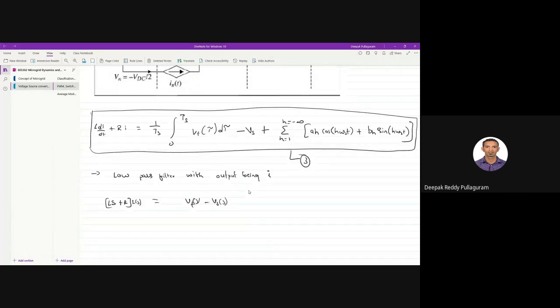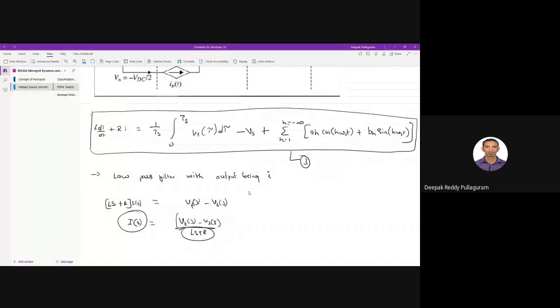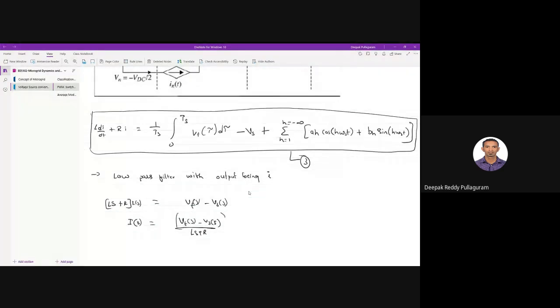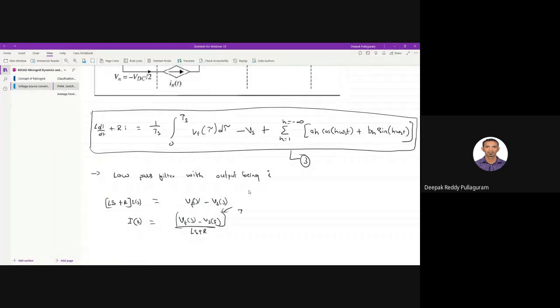If I take I of s, I get Vt of s minus Vs of s divided by Ls plus R. So this is the input, this is your system, and this is your output. Tell me, how is your system acting?